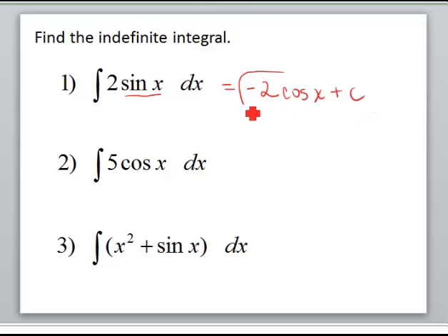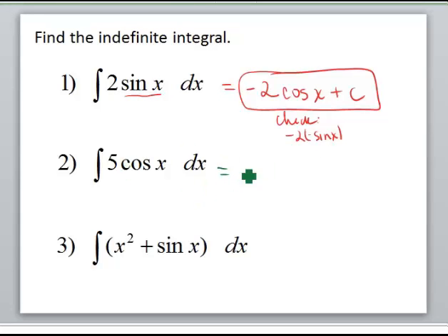Remember I said anytime you wrote the cosines or the cotangents or the cosecants, you'd put a negative out front. You can check this, so if you take the derivative of this, this is just a quick check, you'd get negative 2 times negative sine x, and then the derivative of c would just be 0. Well, negative 2 times negative sine gets you back to a positive, so you can feel confident in your answer.